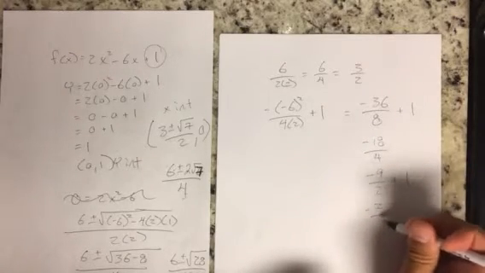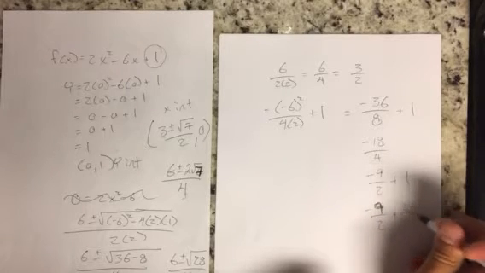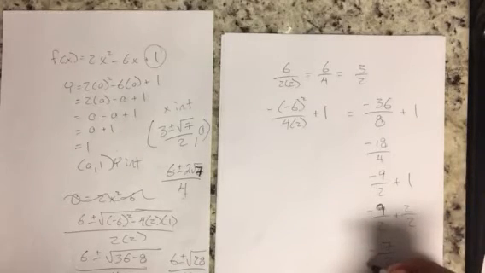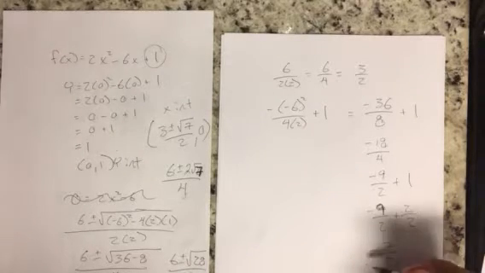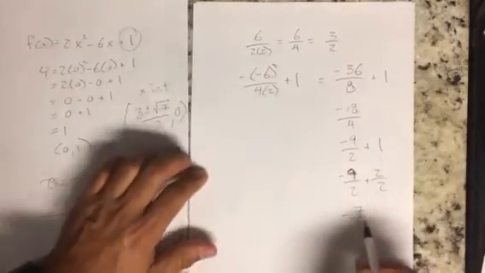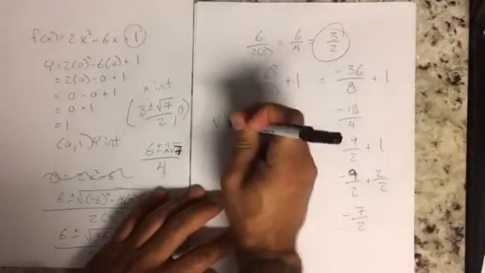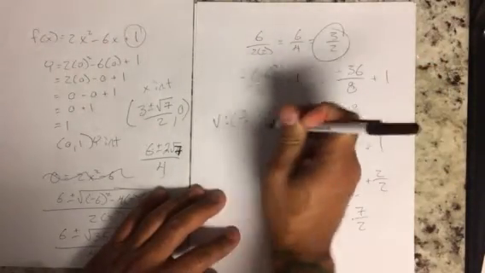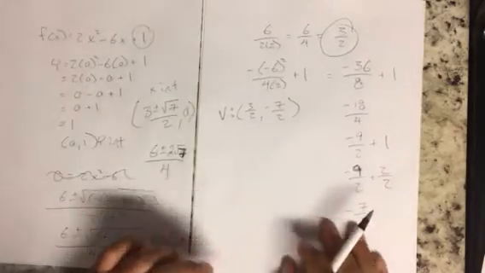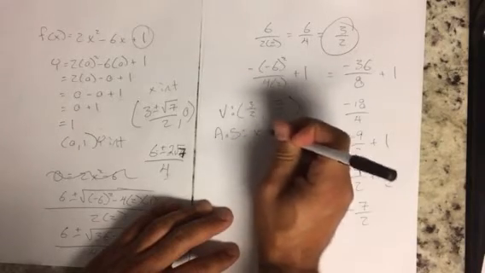Turn this into a fraction over 2. So negative 7 over 2. Sorry, this is part of my vertex. The other part of my vertex was 3 over 2. So my vertex is going to be (3 over 2, negative 7 over 2). Which means my axis of symmetry is x equals 3 over 2.